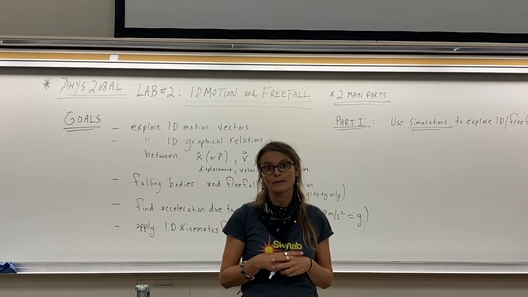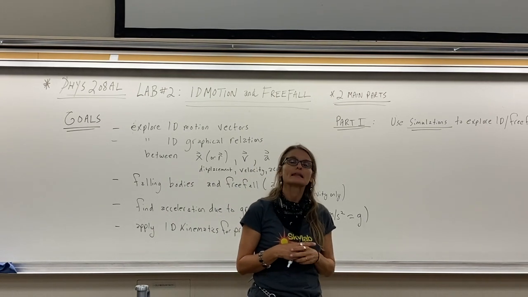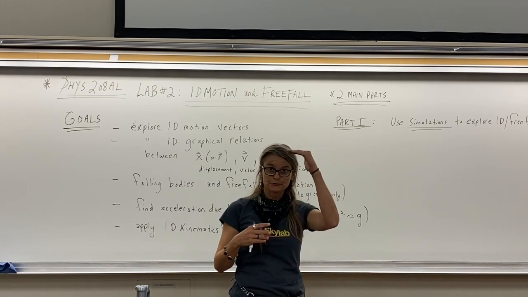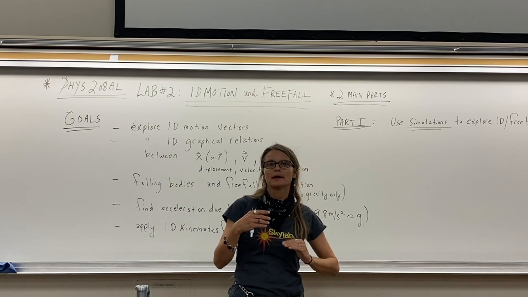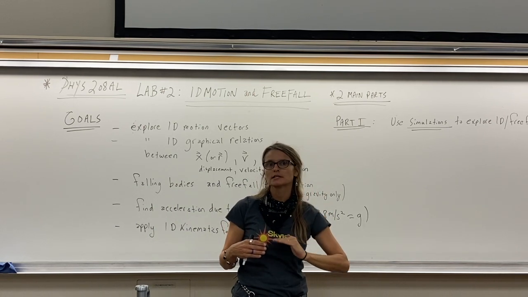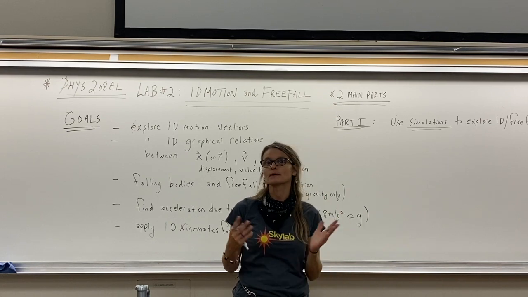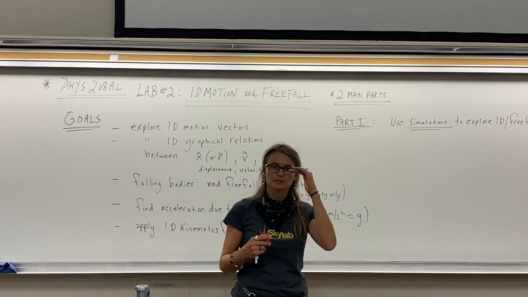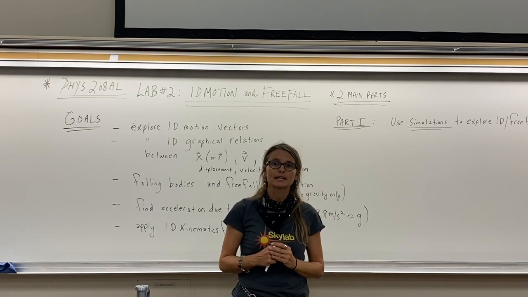PVC FreeFall Lab. Okay? And in that lab, that simulation lab, what happens is we're going to drop different objects, and we're going to measure the changes in the heights or the displacement, the positions, the changes in positions and the height. So we're going to take a look at that change in position.